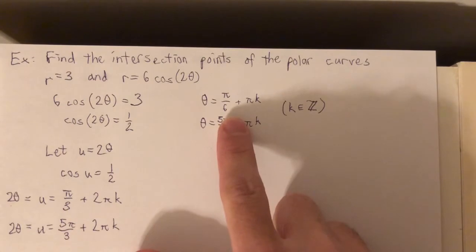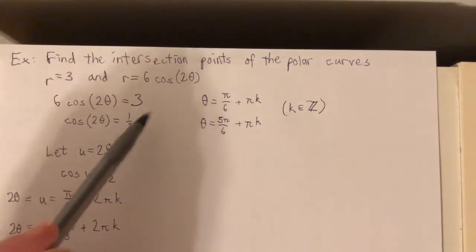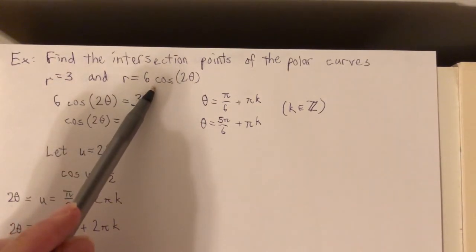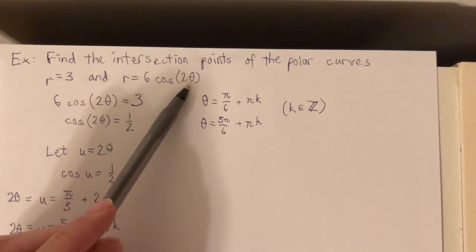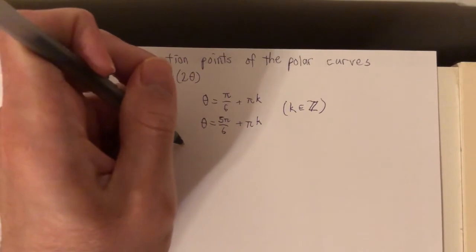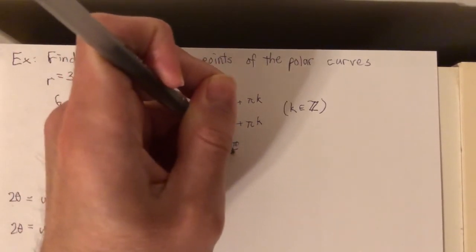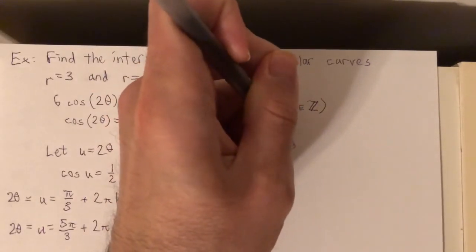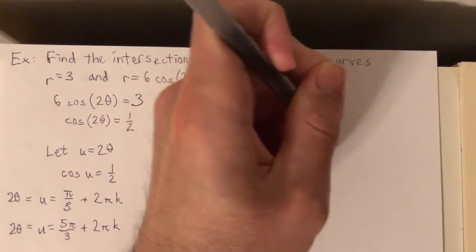So if theta equals pi over 6, then if I plug that into my equation here, I should get 6 times cosine of pi over 3. Well, if I write that down, when theta equals pi over 6, r equals 6 cosine of 2 times pi over 6.